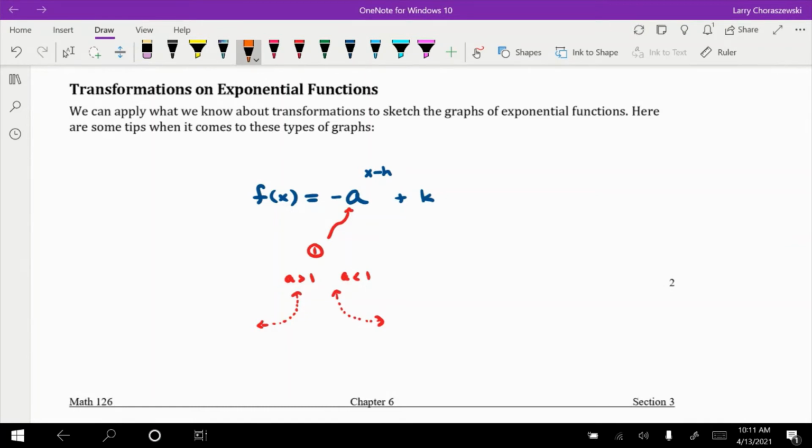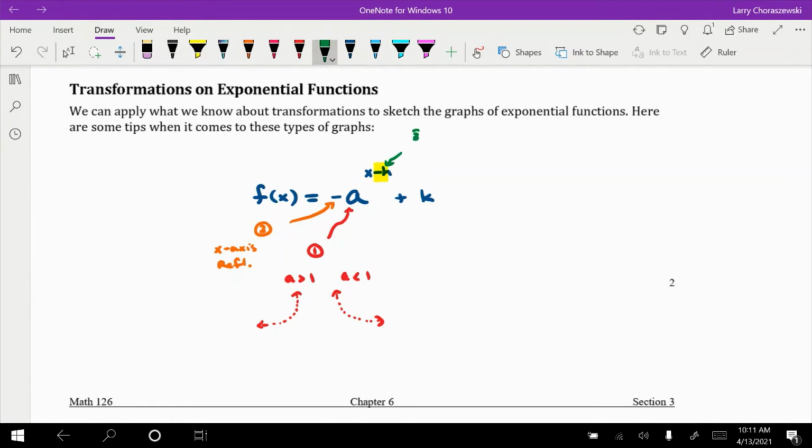If there are any negatives in front of a, that would be the next thing that we plot. This is a situation where it's on the exterior, and we know that negatives cause reflections. In this case, if it's in front of a, it's going to be an x-axis reflection. And then in the exponent, if we add or subtract directly to x, we can take some wisdom from Chapter 3.